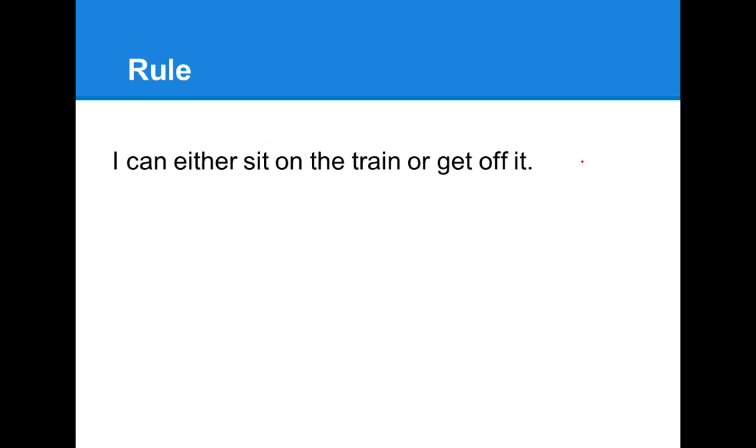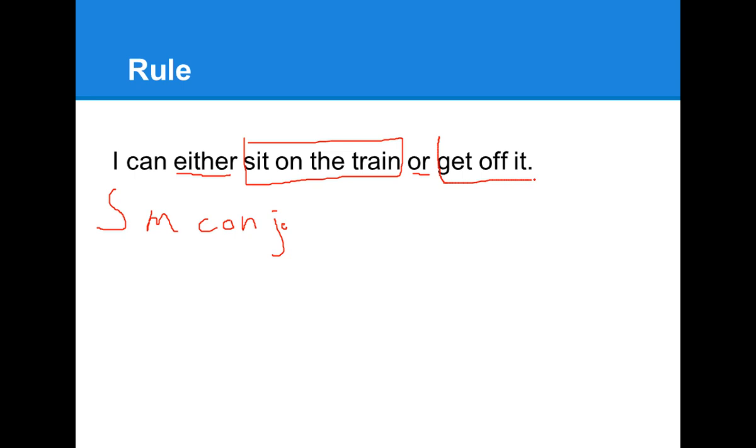So let's talk a little bit more about the rule. We have our subject, we have a modal, we have our two conjunctions, and we have our two verbs.